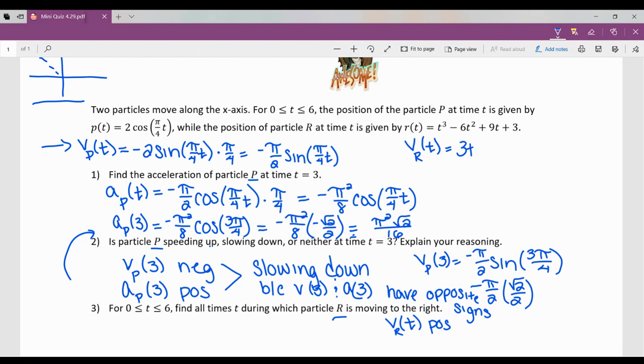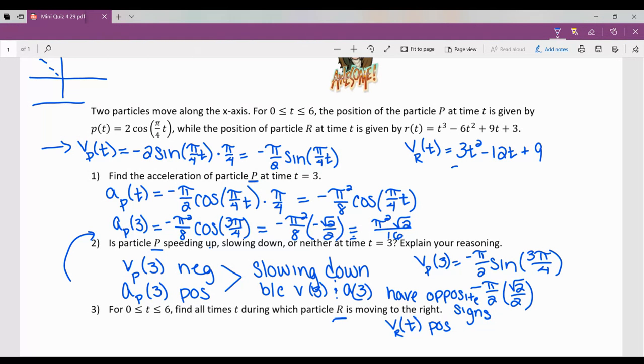So 3t squared minus 12t plus 9. All right, so I'm going to find the velocity factoring out a 3. And then I can factor that further. 3t minus 3, t minus 1.